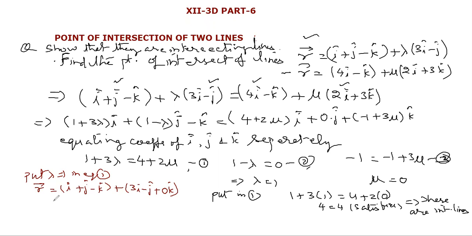Now solve this. We get 3 plus 1 4i minus j plus j 0j plus 0j and minus k. So therefore the point of intersection is 4 0 minus 1.